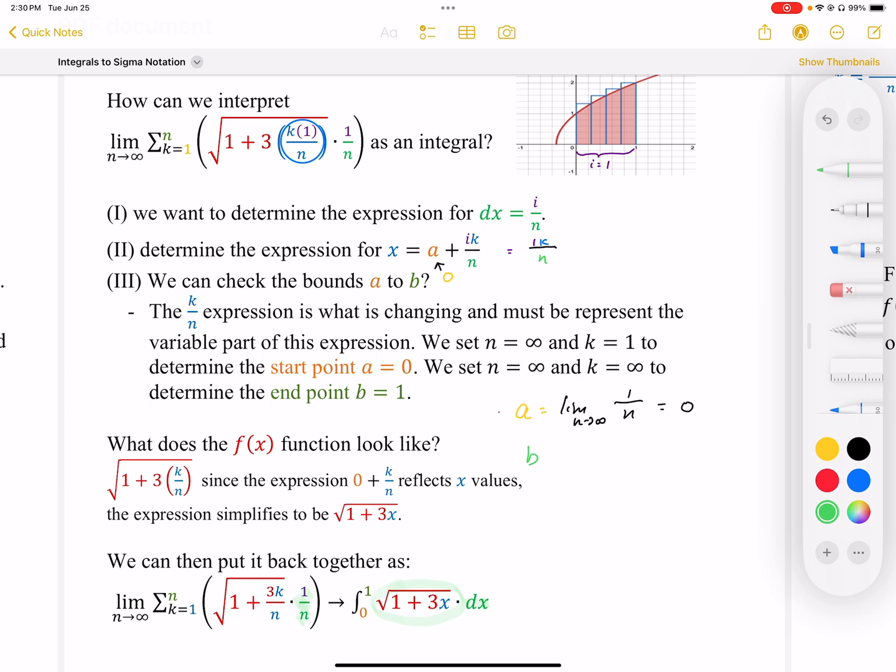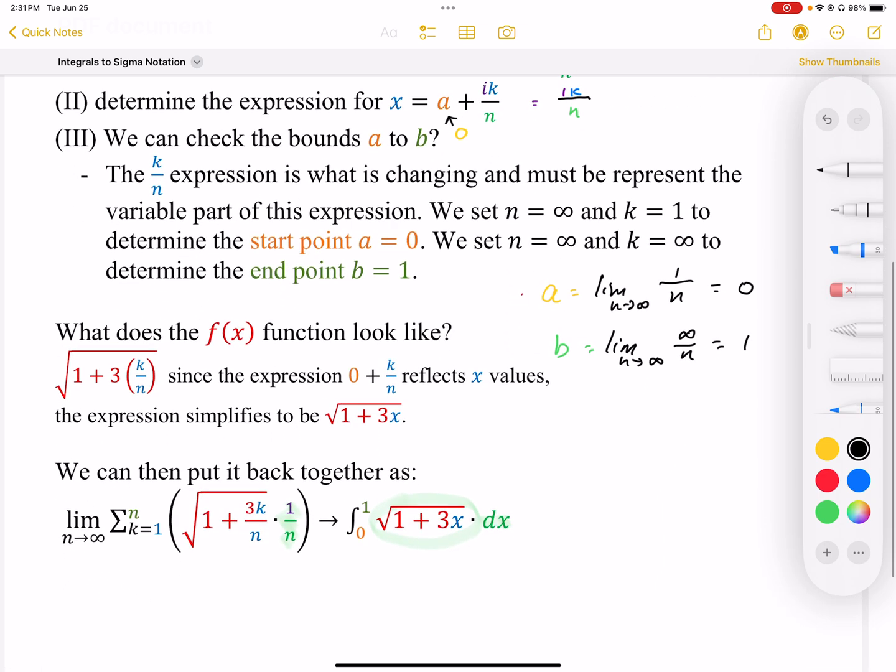The b value is going to be checked by working out the limit when n goes to infinity and our k is also infinite. So that's going to be equal to, in this case, 1 because they're both linear expressions. So we can see that our bounds are going to be from 0 to 1.